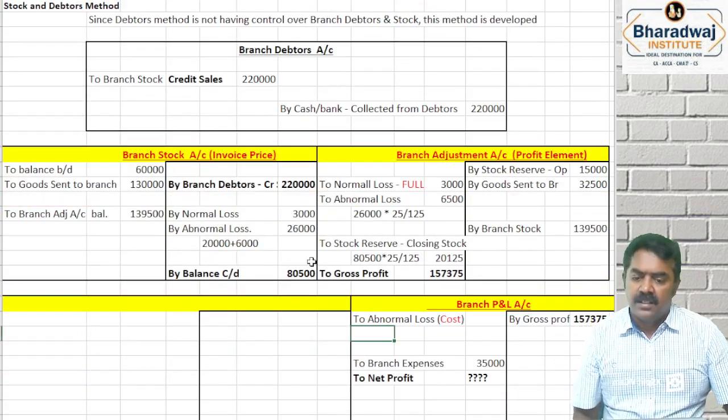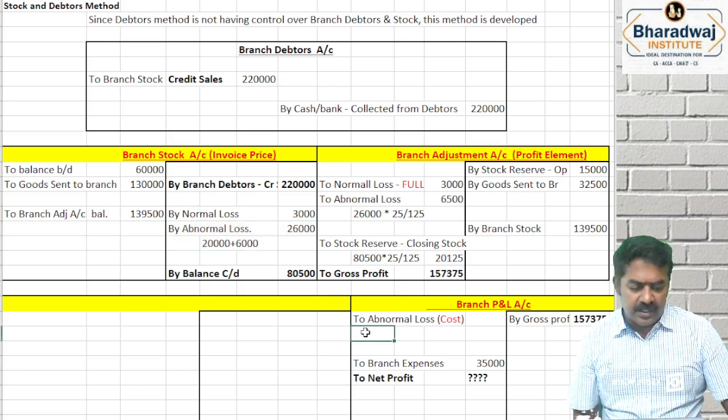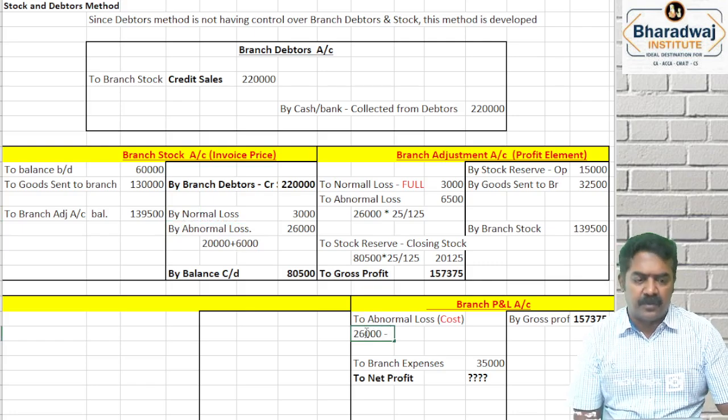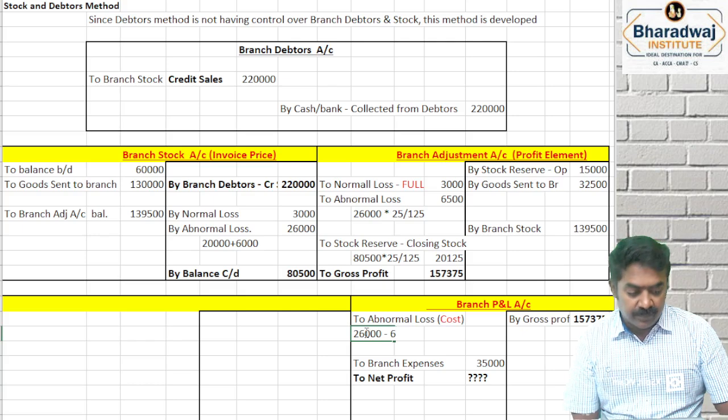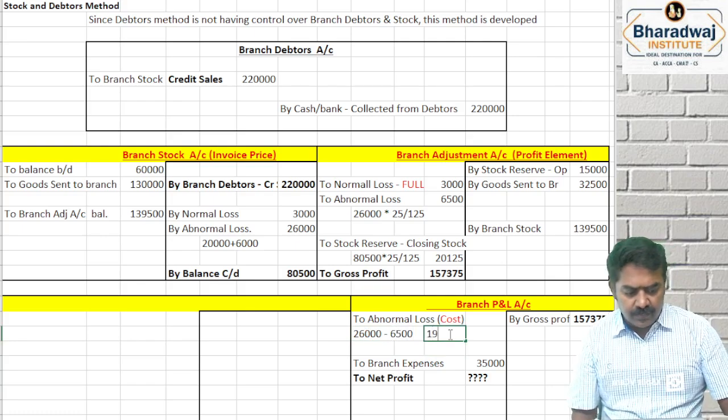Abnormal loss. What is the abnormal loss total? 26,000. In that, what is the profit element? 6,500. 26,000 minus 6,500, how much? 19,500. Wait. 19,500 is abnormal loss.